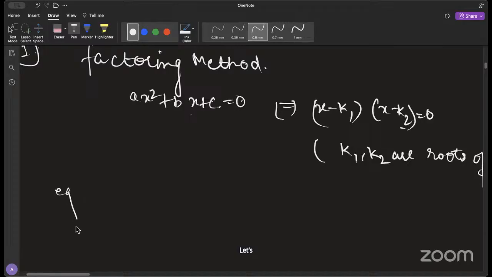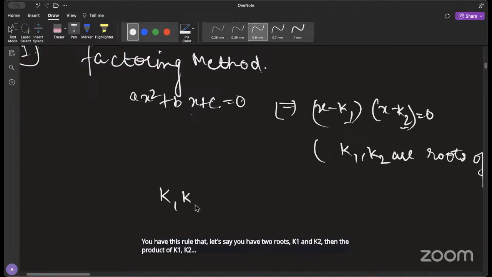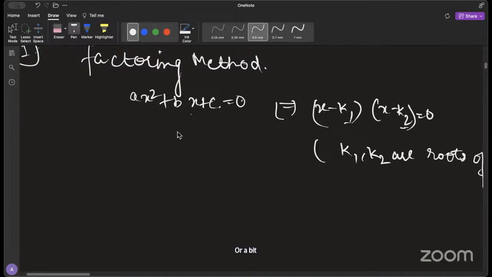Let's take up an example. And how do you use this factorization method? In the factorization method, to find this k1 and k2, you have this rule. Let's say you have two roots, k1 and k2. First you take the product of the coefficient of x square, a, and the coefficient of the constant term.